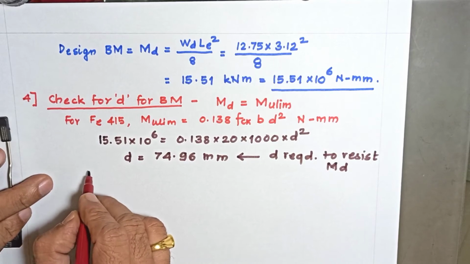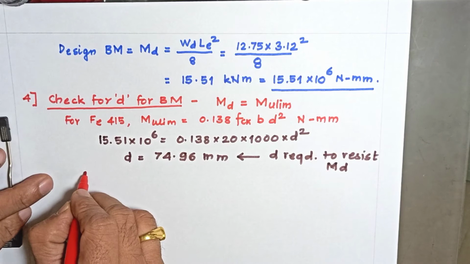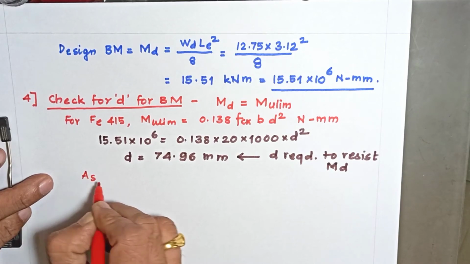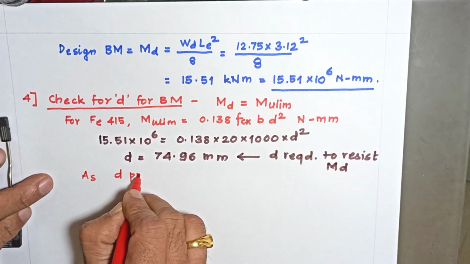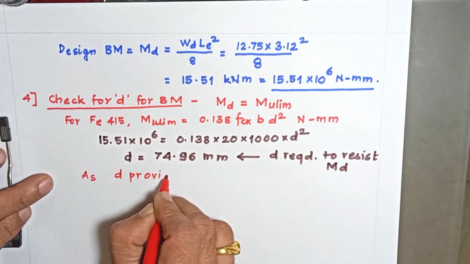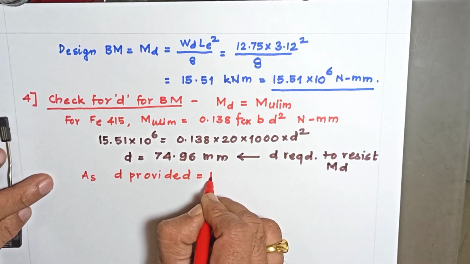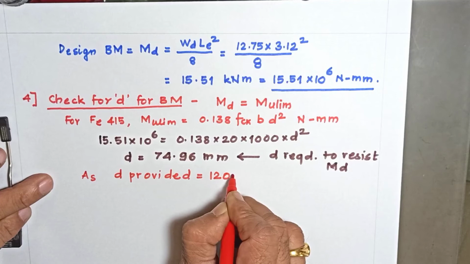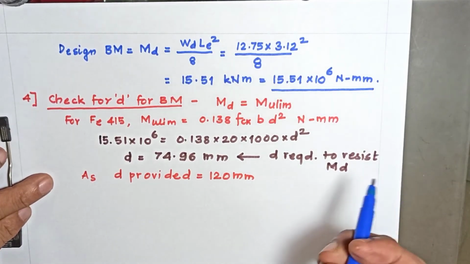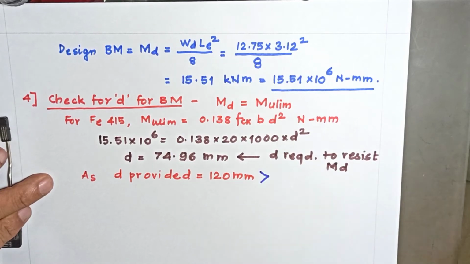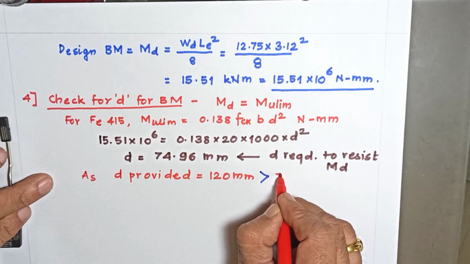So this is okay. You can write D provided is equal to 120 mm, greater than 74.96.